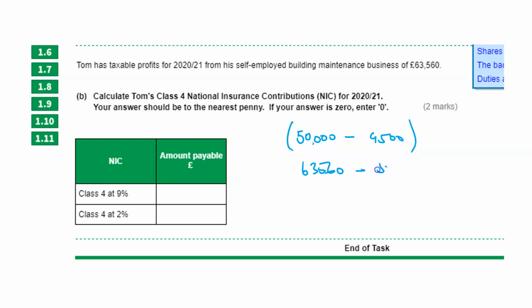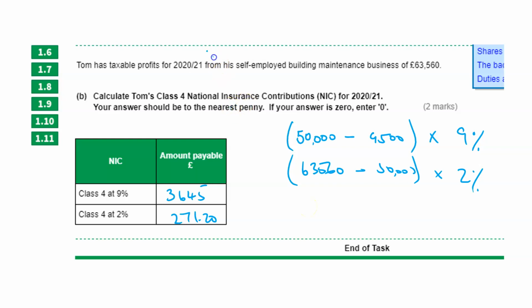I don't think you have to cram this, and so you can see that we are multiplying these. The bulk of this, of course, gets multiplied at 9%. These are marginal rates, so what does that mean? So this bit gets 9%, and anything above this, every pound above this, gets taxed at 2%, right? So that's what you're doing. So when you do that here, you should get 3,645, and here you should get 171 pounds and 20. All right, so that's how you deal.